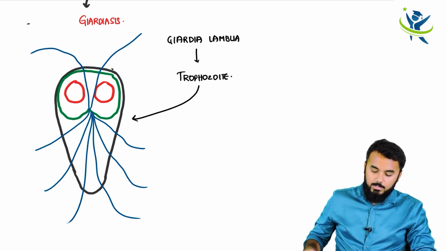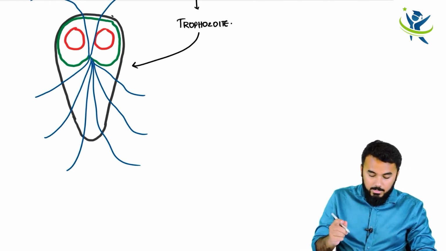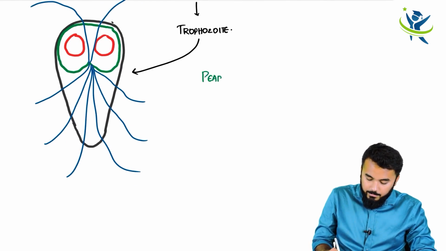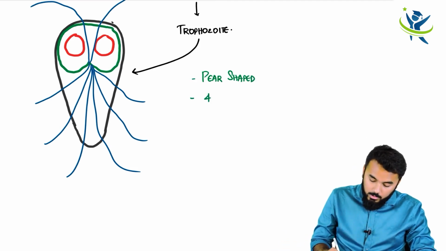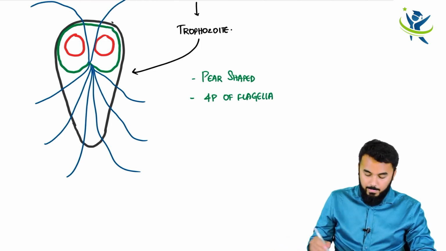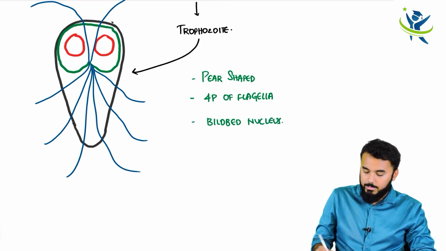So how can I describe this trophozoite? The first important thing is that this is a pear-shaped organism. We have 4 pairs of flagella. The third important thing is that we have a bilobed nucleus.